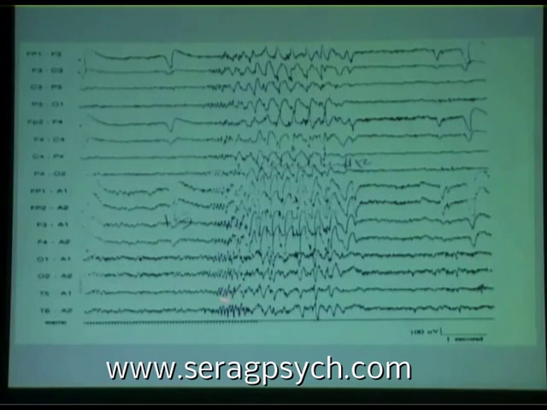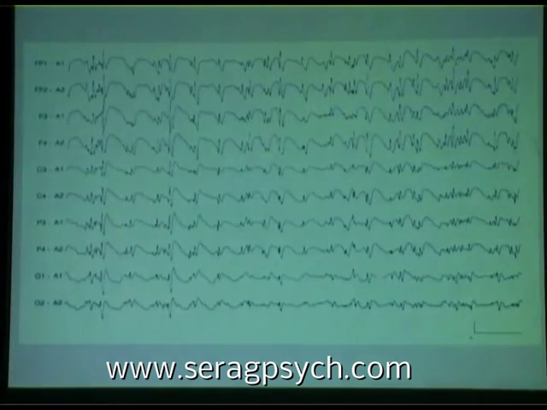In this case, the photically elicited spikes are actually polyspikes, followed by this absence. Now, that can occur rarely in normal people, but the difference, we think, is that in normals, this would stop before the end of the photic, whereas in patients with seizures, it extends beyond the end of photic.